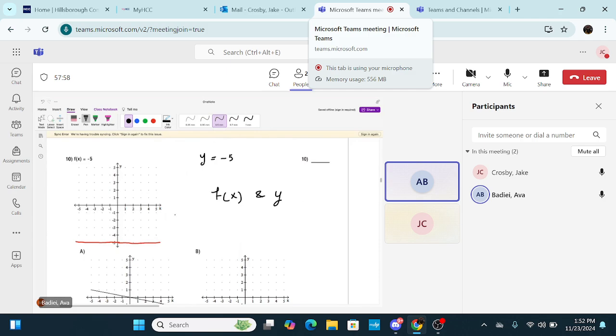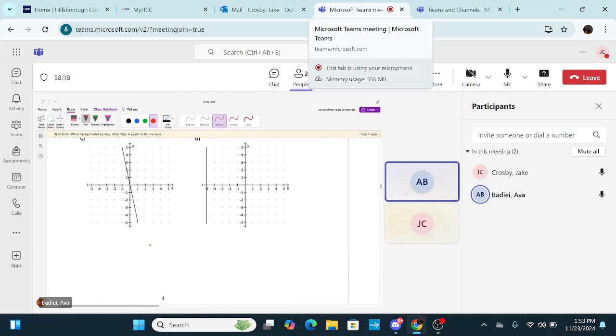Exactly. Okay. So it's going to be choice B. And the reason behind it is that no matter what your x value is, you always get a y of -5. So this point is -5, this is -5, this is -5. Connect them, becomes horizontal.